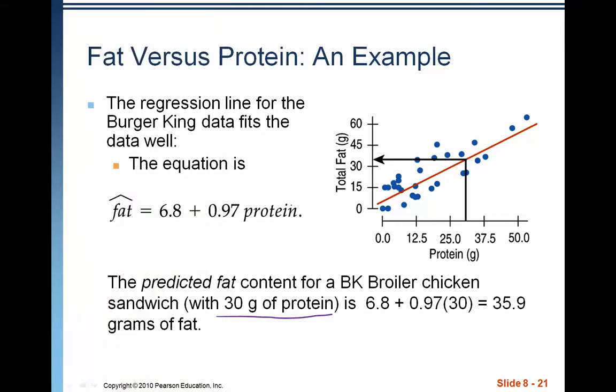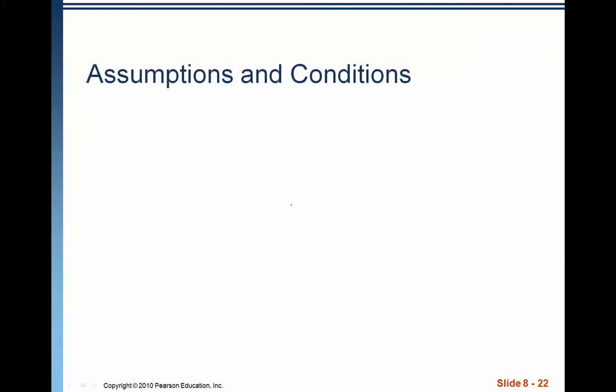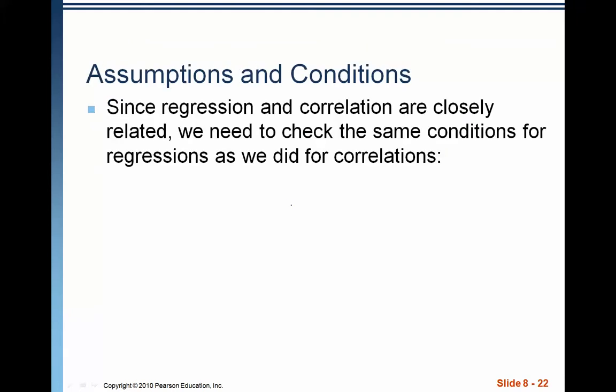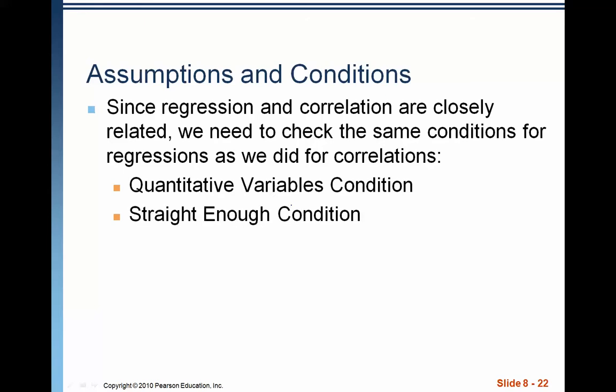So now that you know how to find it on your calculator, let's talk a little bit about the assumptions and conditions that need to be met to make sure this can happen. Since regression and correlation are related, it's the same conditions that we checked for correlation. That is, do we have two quantitative variables? Is it straight enough? And are there any outliers?